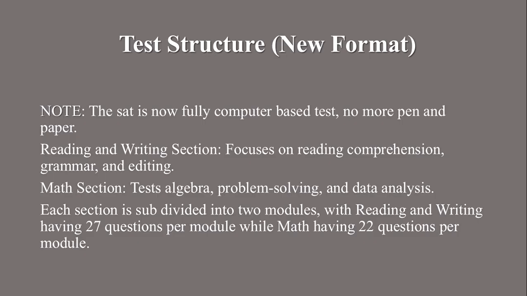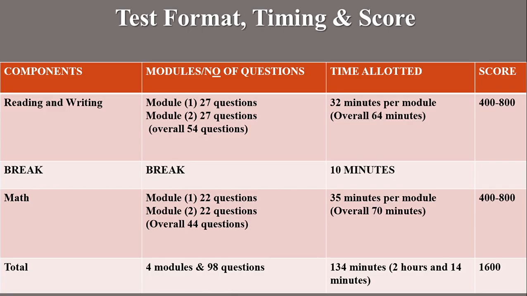Okay, so let's see. I have a table here to show you very quickly the format of the test. Now, the components: you now have reading and writing, and math. These are the two major sections in the test. In the reading and writing section, you're going to get 2 modules, or you can say 2 subsections.